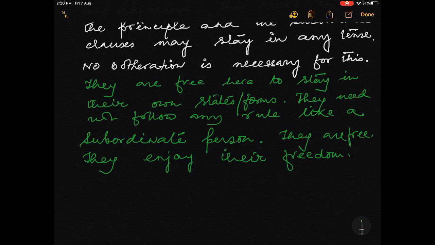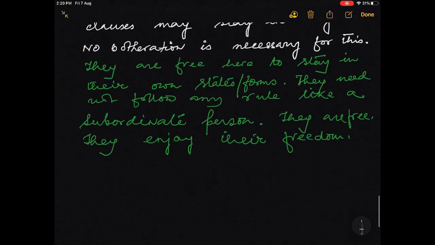So this is the end of the sequence of tenses, which is very, very important. Without learning the sequence of tenses, it is not at all possible to write the correct complex sentence. It is not at all possible to change the narration in a correct, proper way.